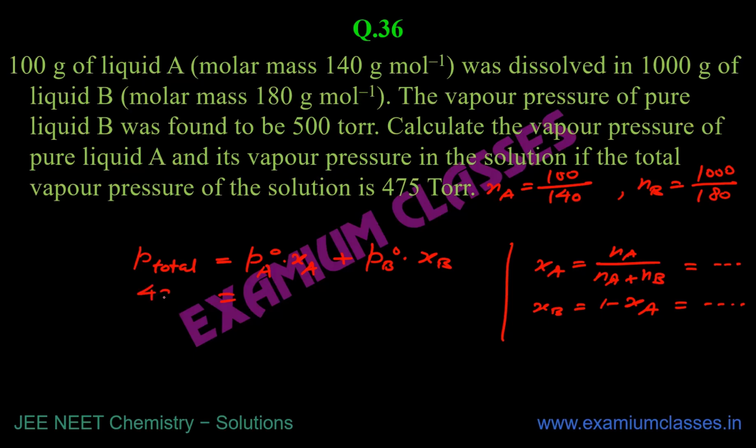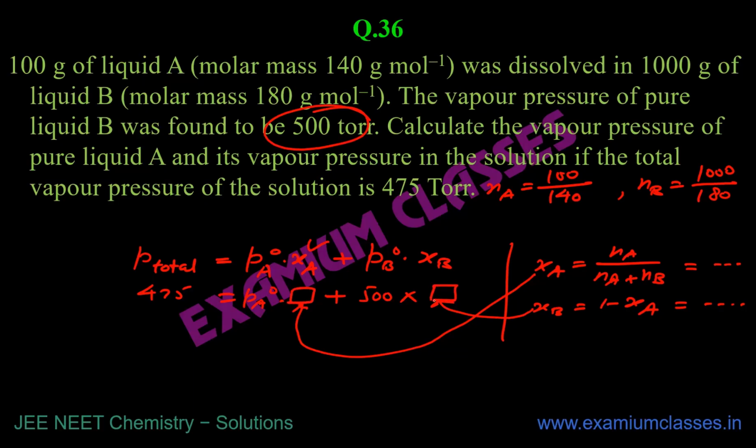So here you have 475 torr given. PA naught you have to calculate. XA you will substitute from here, into XA plus PB naught. PB naught is given 500 into XB you will substitute from here.